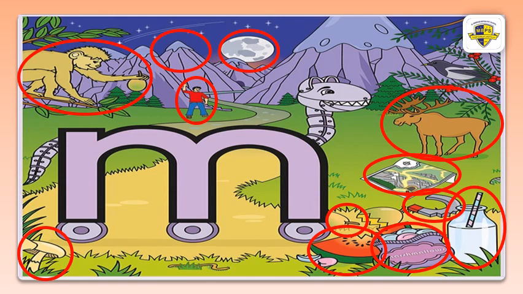Mango. Very good. And there's the mushroom on the ground. There's a mango and melon. I can see a melon, milk, and there's a basket full of mangoes. Map. That's a picture of a map. And magnets. Can you find the magnet? And moose.